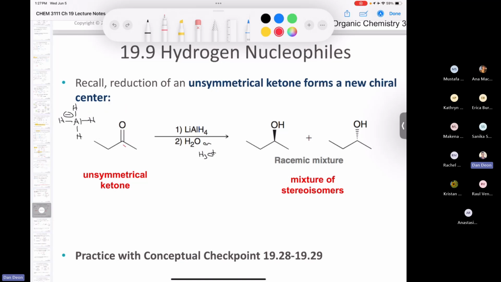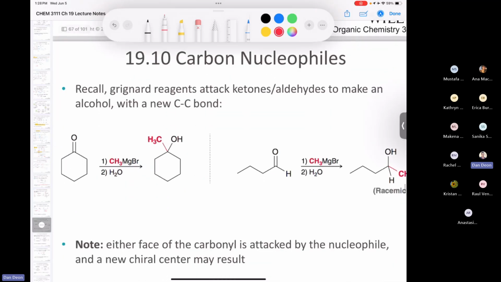And it's not going to be discriminating because this carbon is trigonal planar. It is flat. And so, again, the nucleophile can come in from either face of the molecule. And so you end up with a racemic mixture in this case, okay? So you'd have to separate those enantiomers if you needed to.